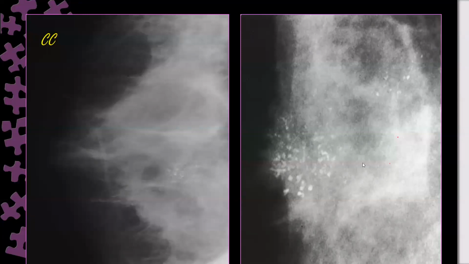So I could see a group, and another group of similar calcification is seen adjacent to the first larger group, and it characterizes the type of calcification. This type of calcification is coarse heterogeneous along with polymorphic type. Both are suspicious.